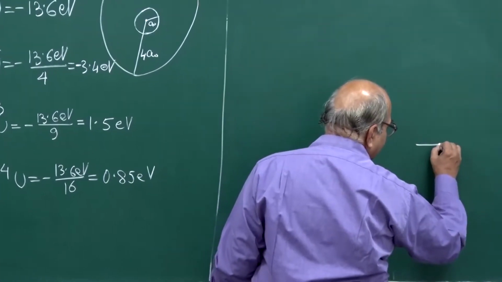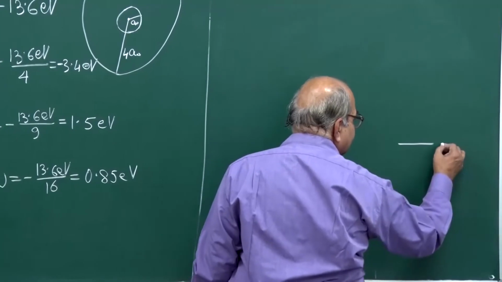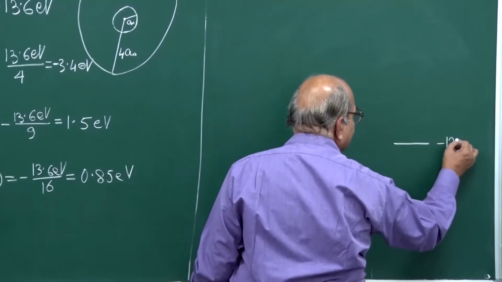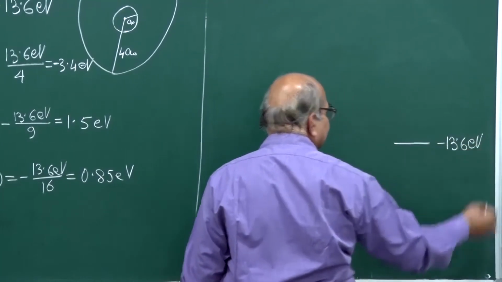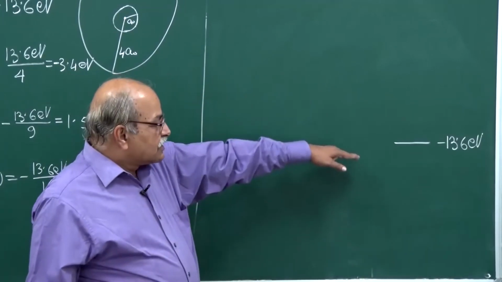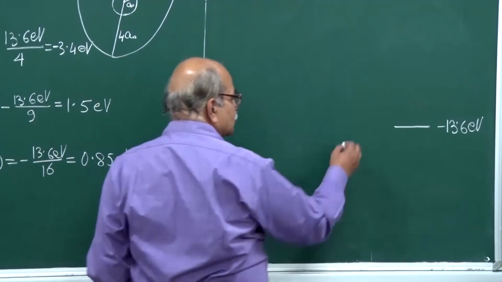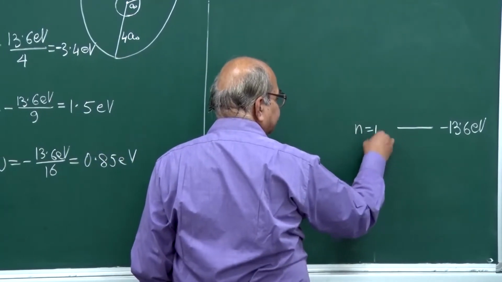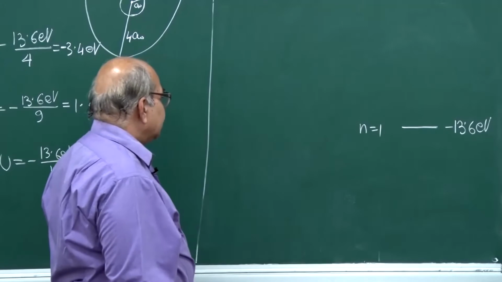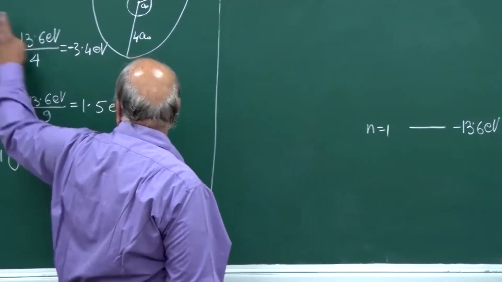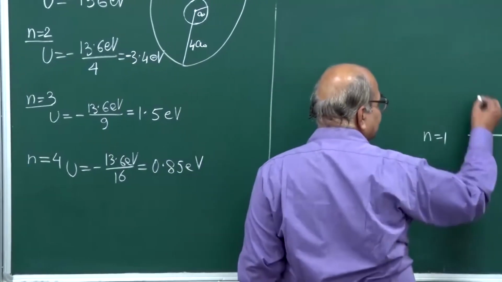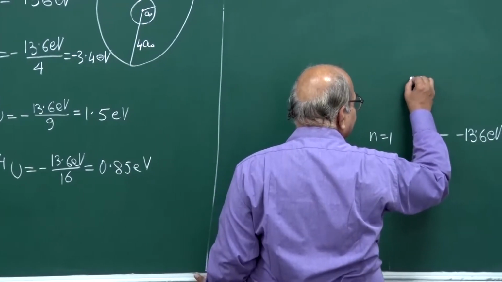We draw a horizontal line and say that this represents minus 13.6 eV. So in the vertical direction, energy is going up. This corresponds to n equal to 1. And then n is equal to 2 is minus 3.4 eV. That will be, let's say, somewhere here.